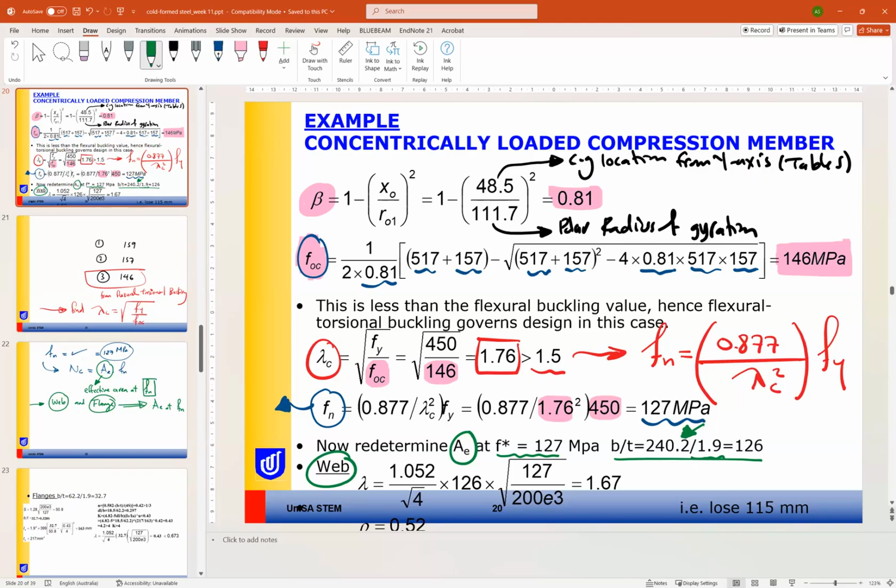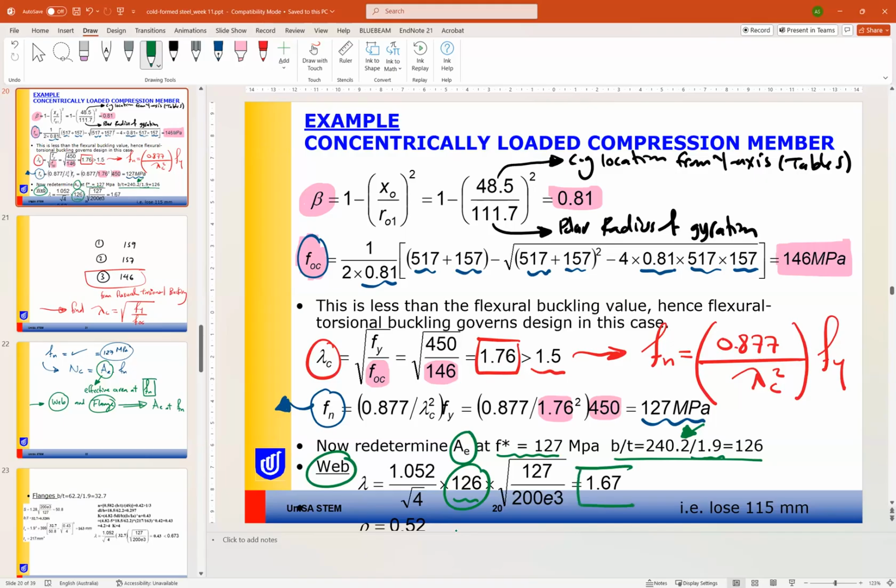Okay, and now lambda is equal to 1.052 divided by root k, multiplied by the ratio b over t, multiplied by root of 127 divided by 200 times 10 to the power 3.